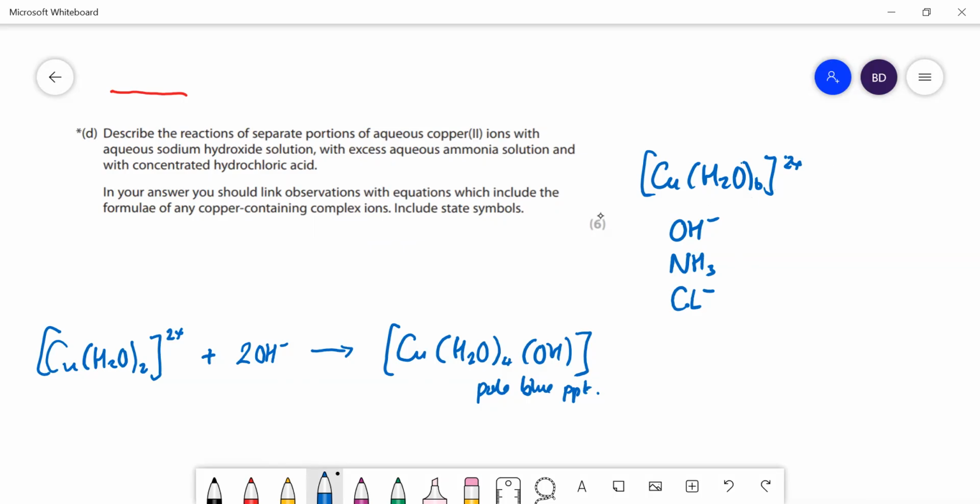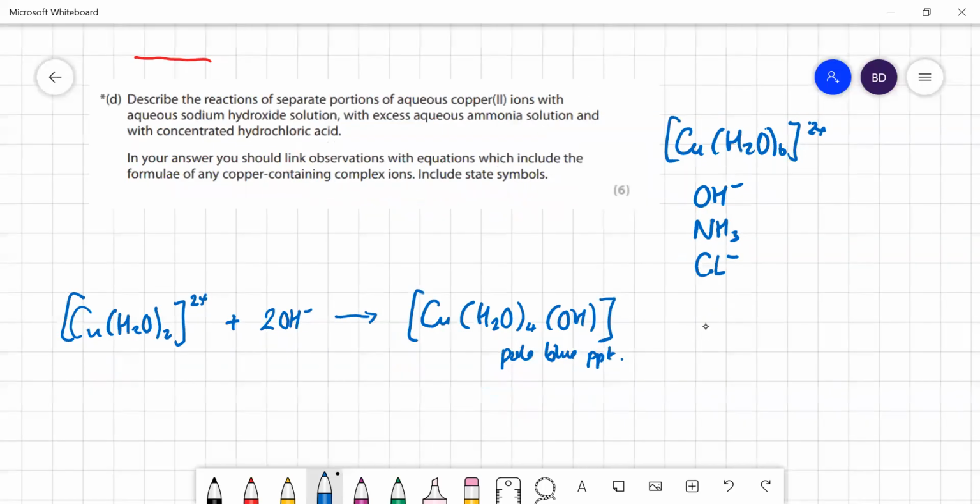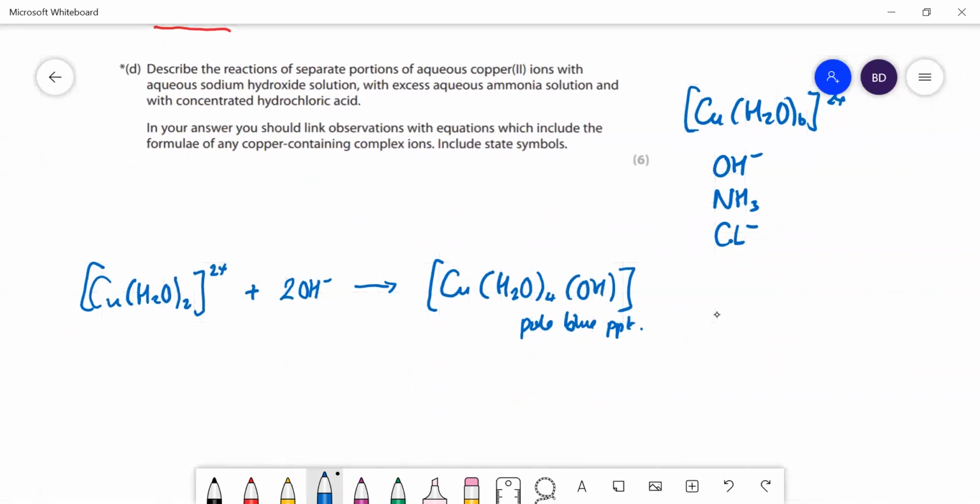That's what happens there. Now, with excess aqueous ammonia, the ammonia ligands will push out some of the water ligands, 4 of them in fact. So we start with [Cu(H2O)6]2+. It's a ligand exchange reaction.